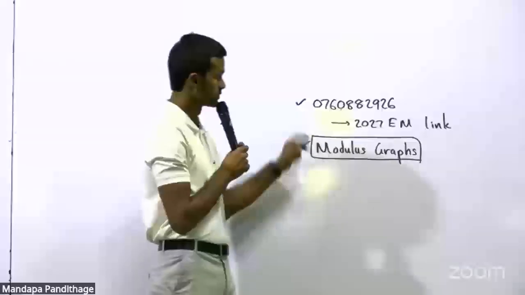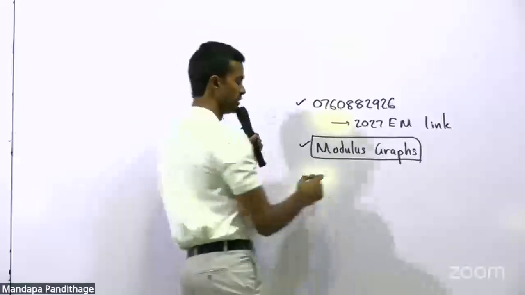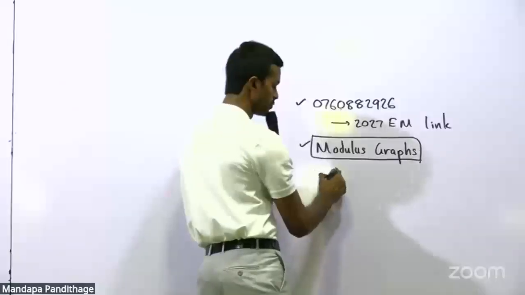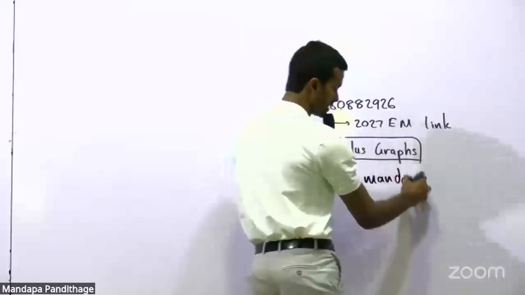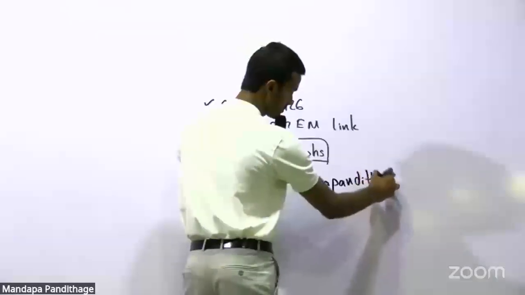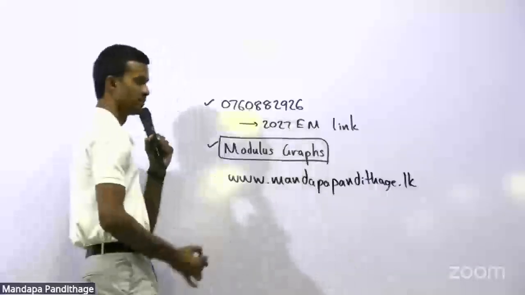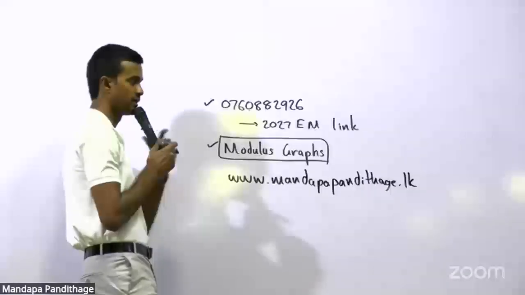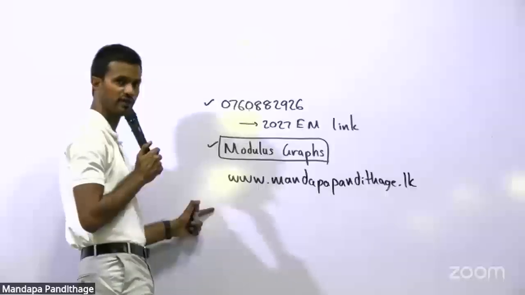Clear? So send him a WhatsApp message, join the group, and you have to register. You got the link from the group, no? Register on this website and make an account as a 2027 English medium online student. Make sure you put the address properly, because all the tutes will be couriered to the address you have entered.